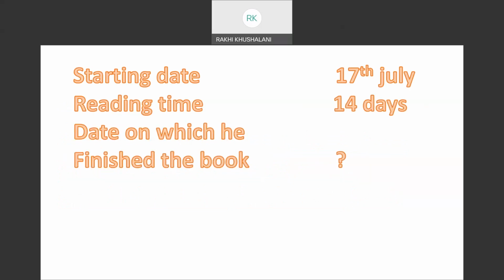So the details that I have with me are the starting date, that is 17th July, and the reading time, that is the duration or the elapsed time, which is 14 days. The date on which he finished the book is what we have to find out.